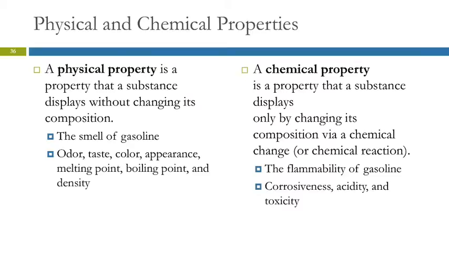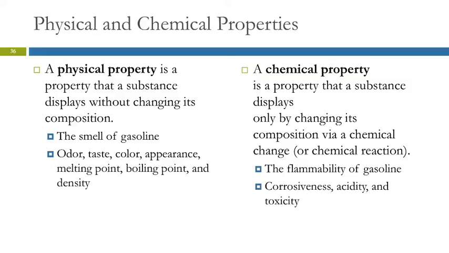So those were changes. We can also talk about physical and chemical properties. A physical property is one where the substance displays that property without changing its composition. So these are things that you can measure or observe without destroying the stuff. Gasoline has a distinctive odor.